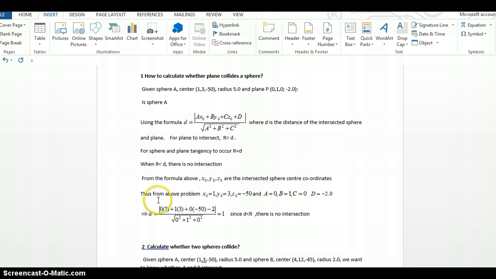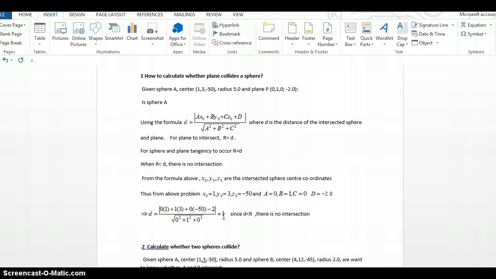So it's shown now that if we substitute the values 0, 1, 0 in place of a, b and c, and if we substitute the values 1, 3, minus 50 in place of x0, y0 and z0, and the value for d is minus 2.0, which is this, then we will arrive at this answer.